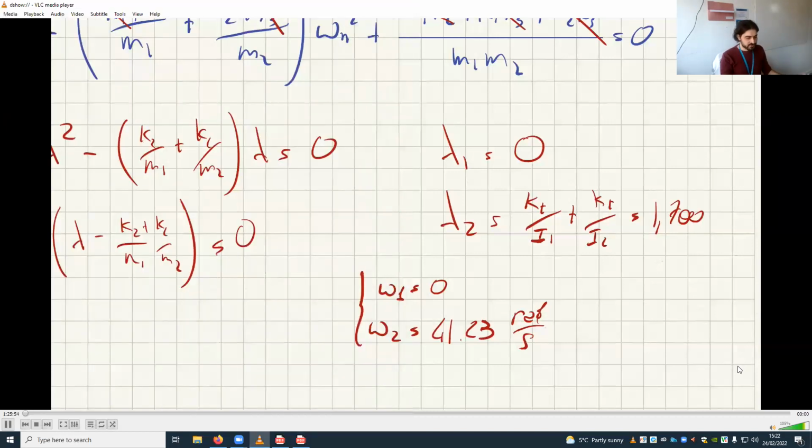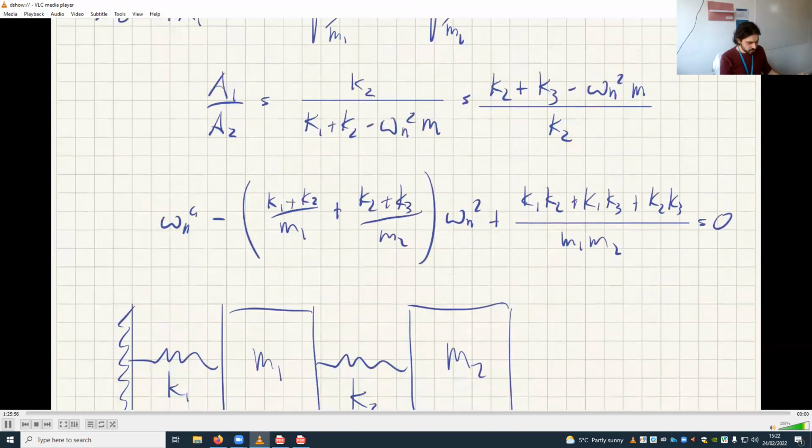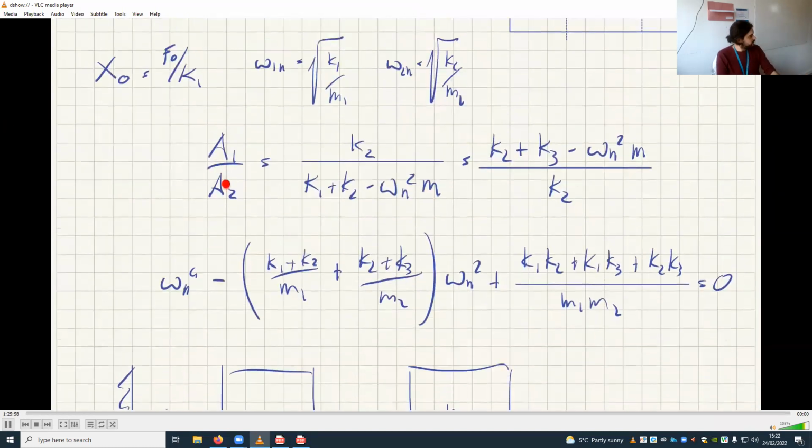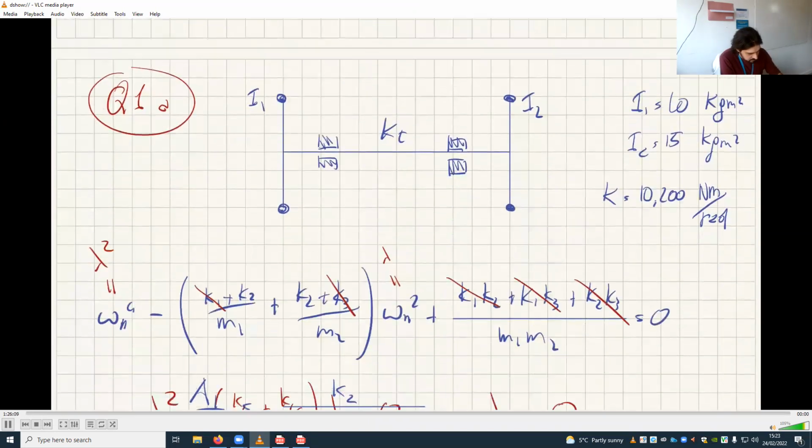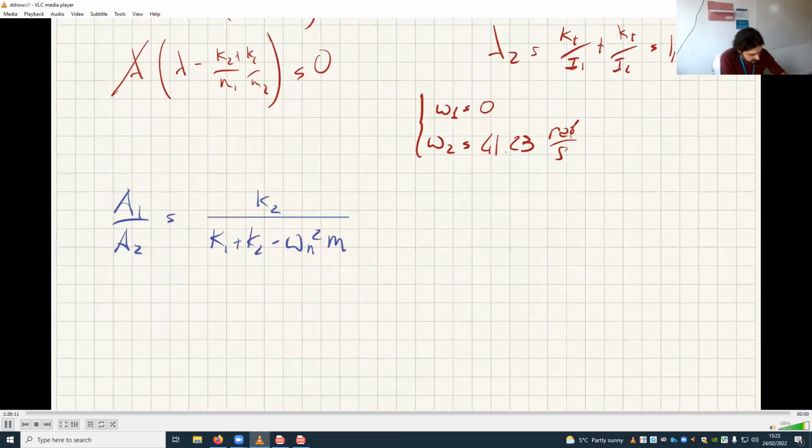Instead, if we use this one, you can find A1 and A2 either in this way or in this way. So let's copy this one. So I have A1 over A2 1 if I use omega 1, and then I have A1 over A2 2 if I use omega 2.